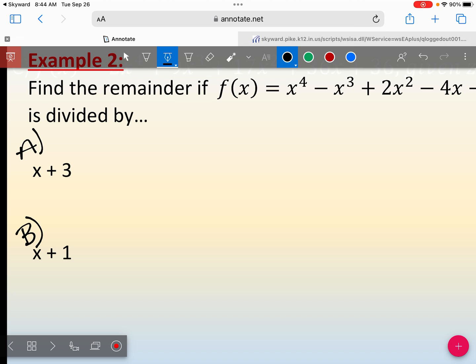What are you going to substitute in for part A? Yep. So you've got to put it to the power of 4. Make sure you're using your parentheses.